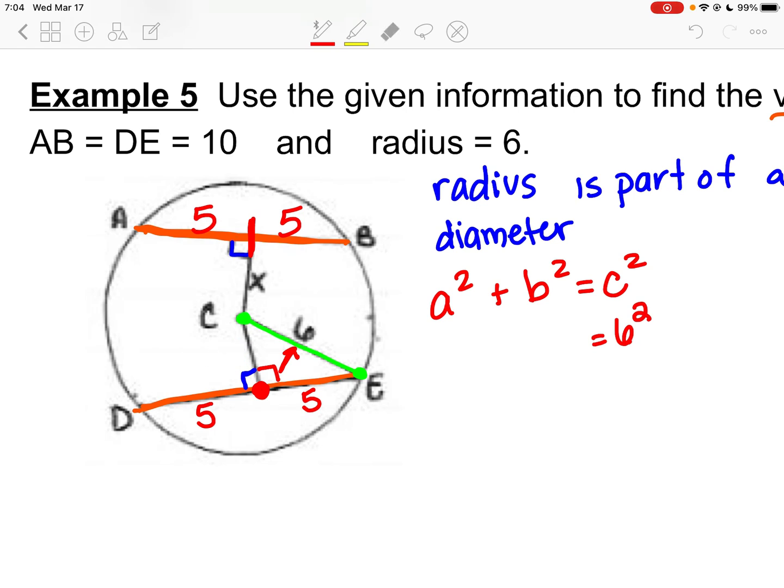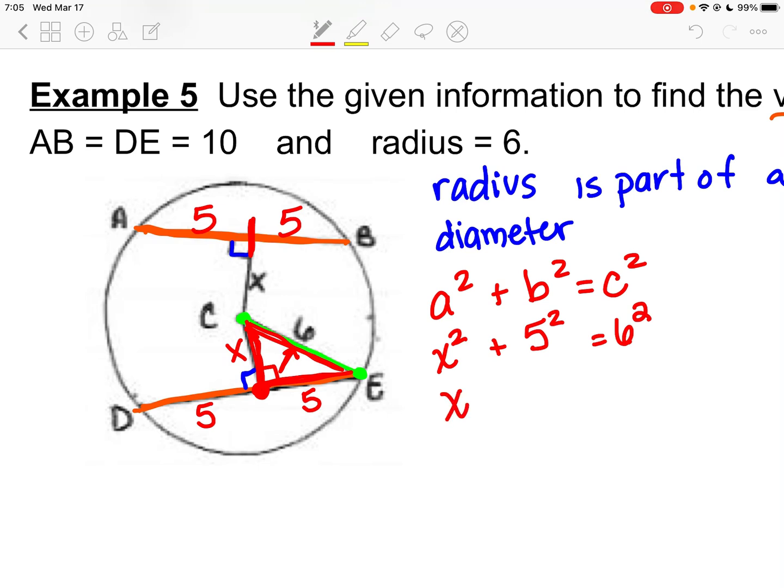It says that if two chords are congruent, then they are equidistant from the center. I'm going to copy that x down here. So one of those legs is x, and the other leg is 5 of that right triangle that we've identified, created with the radius, that chord, and the distance.